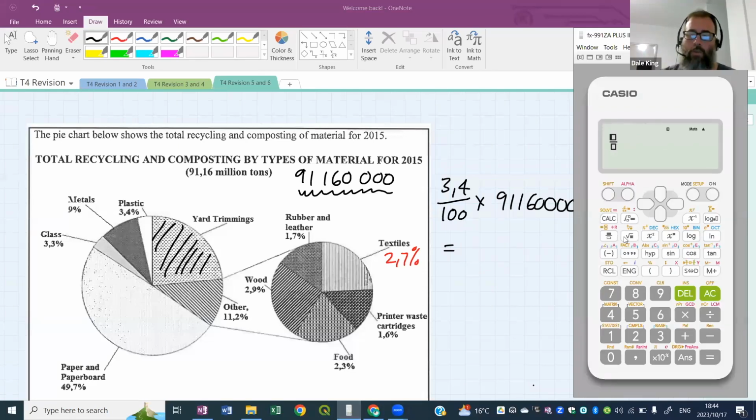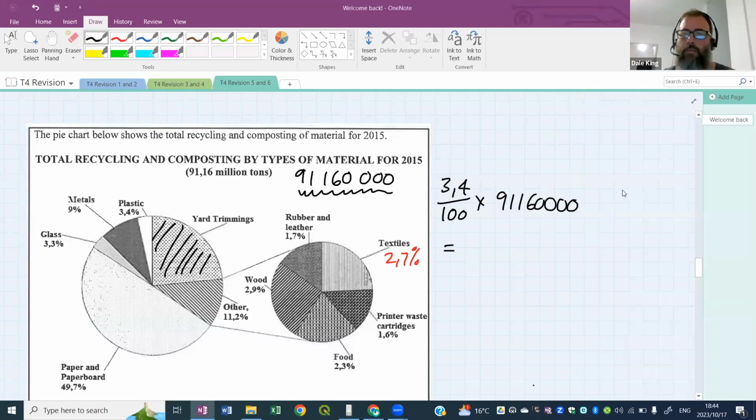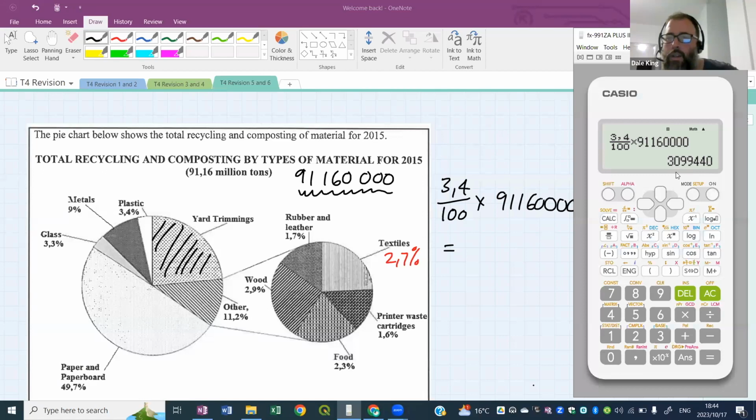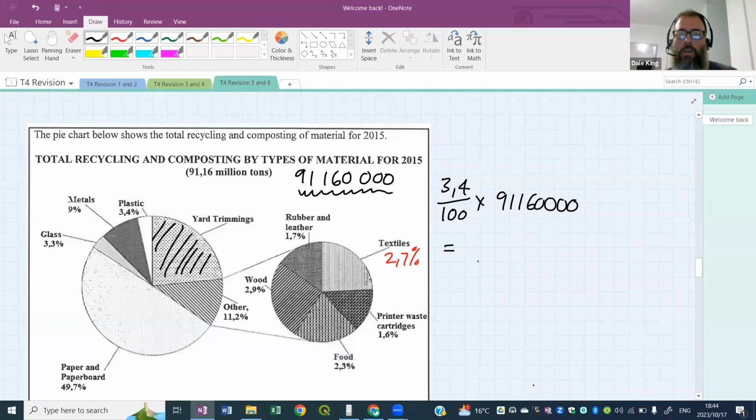So 3.4 over 100 times 91,160,000. That gives 3,099,440. 3,099,440 tons. All right. Yes.